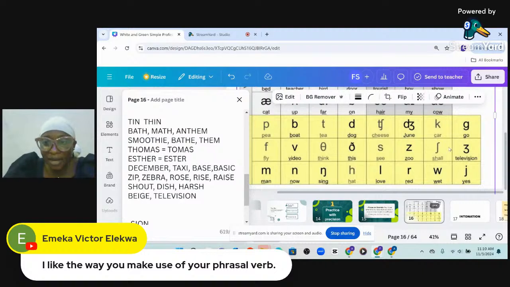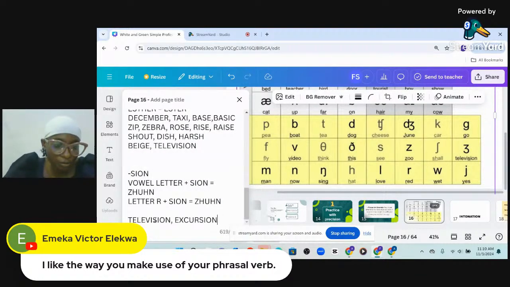The next sound, sh: shout, dish. I hope you're practicing along. Harsh. The last consonant sound on this row, j: beige, television, excursion. Now let's learn the last set of consonant sounds.